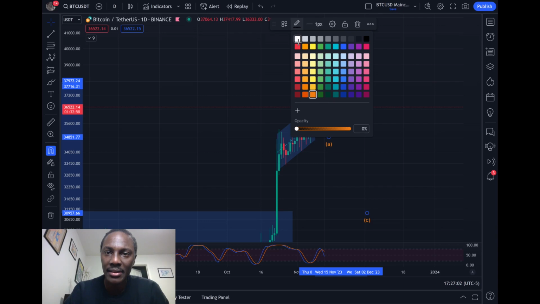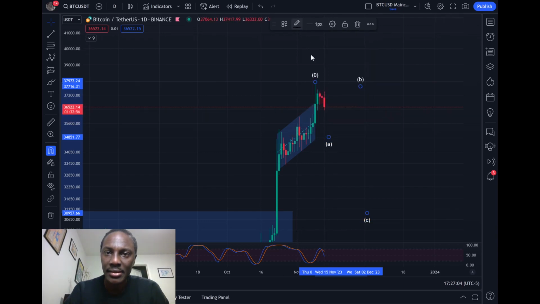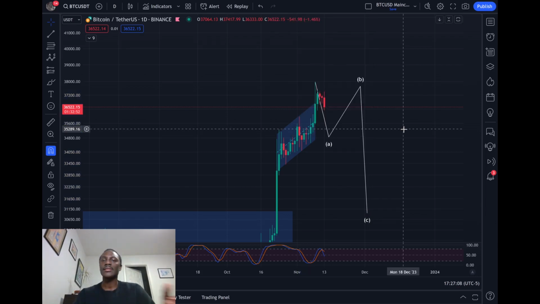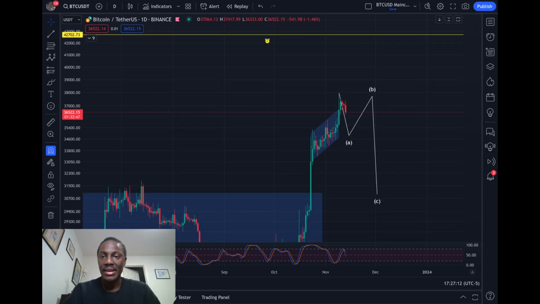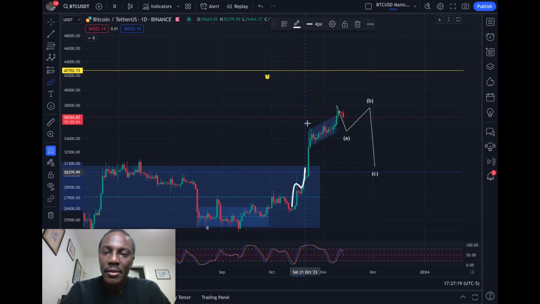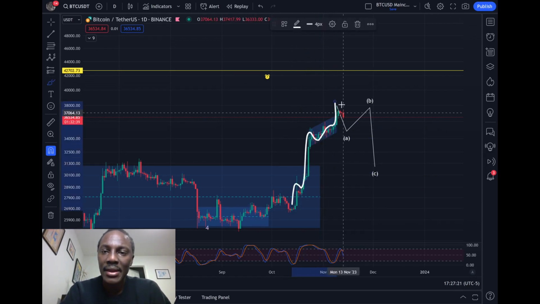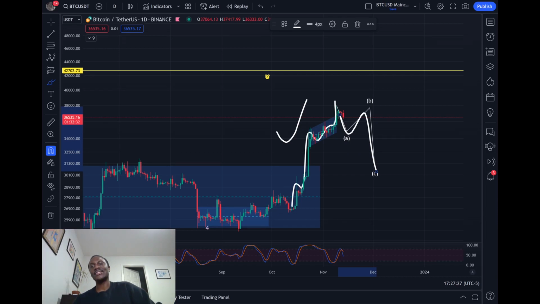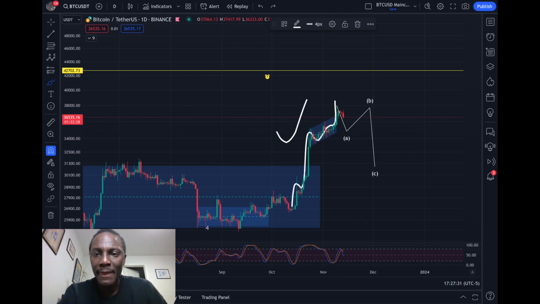Let's make it white, not Halloween colors. And let's make the lines opaque. Okay. Something like this. And remember, if this indeed is what we think it is, a proper impulse, then the time that this took should be more or less the time that this takes, because that's how you do a proper wave 1, wave 2.